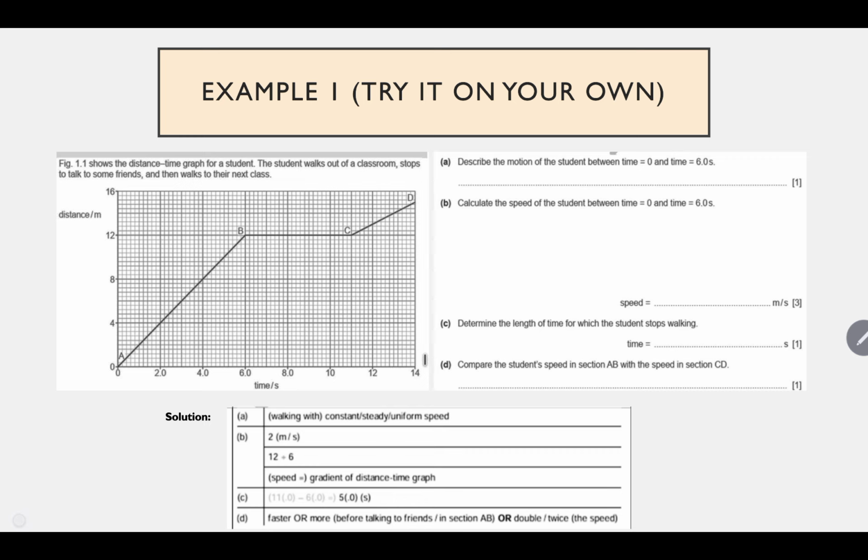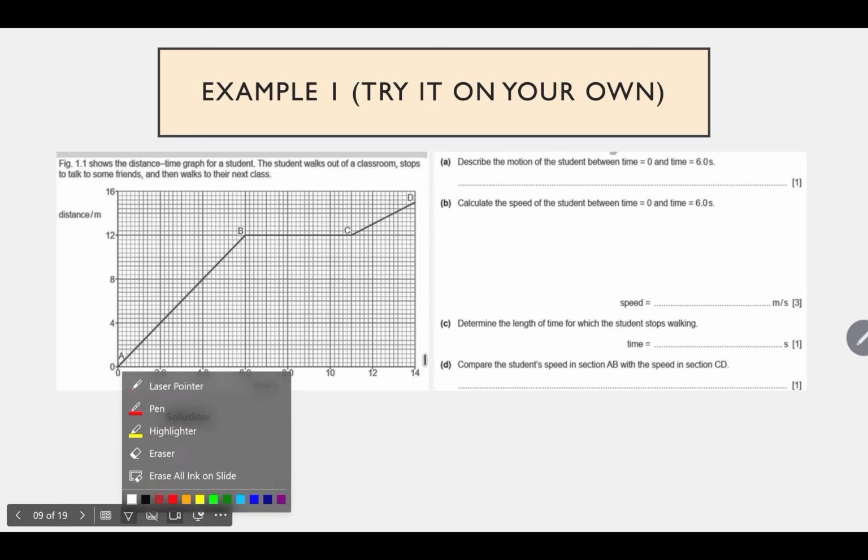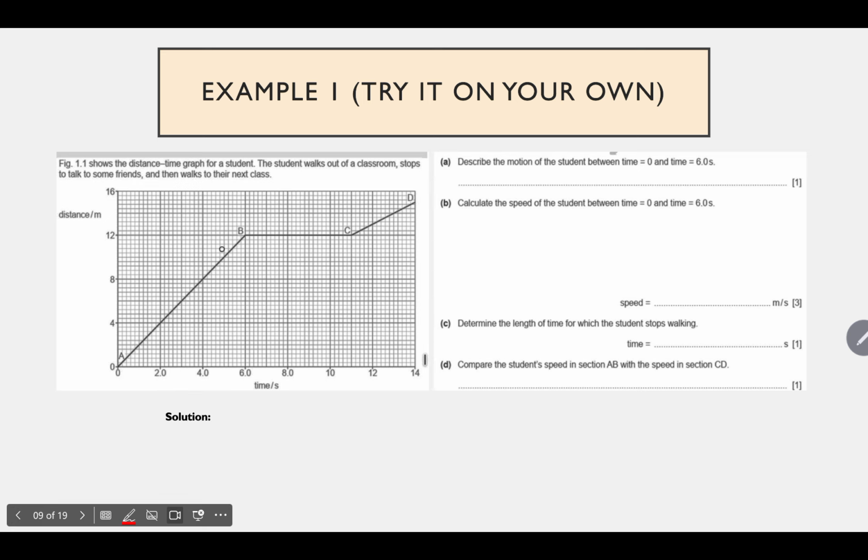Okay? So the more steep my graph is, the faster something is moving. All right.